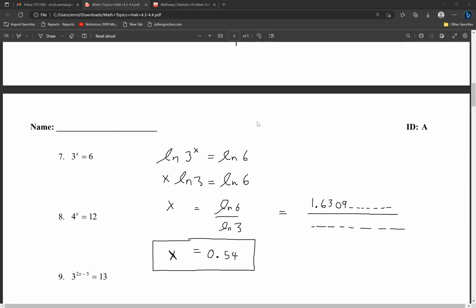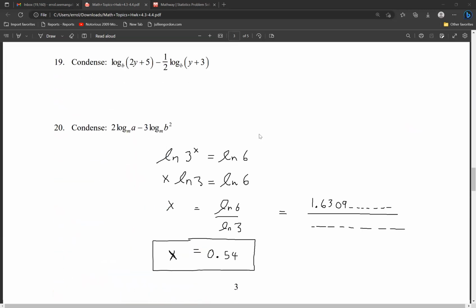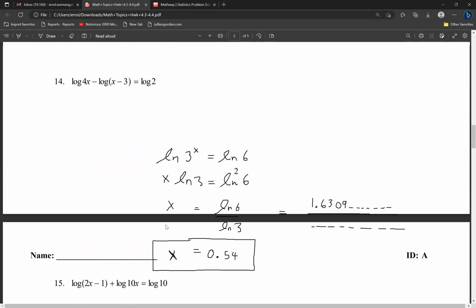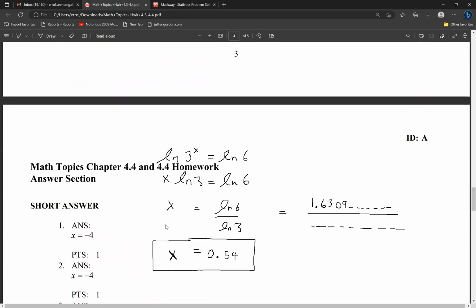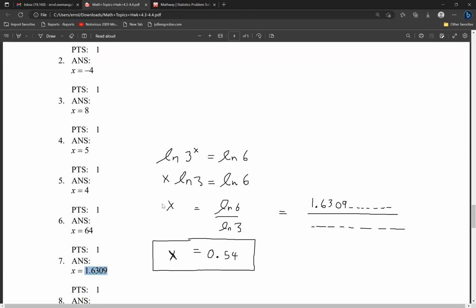That was 7.54. They're saying 1.63, 1.6309. Oh, so keep it, just divide it and not divide it again. What do you mean divided again?